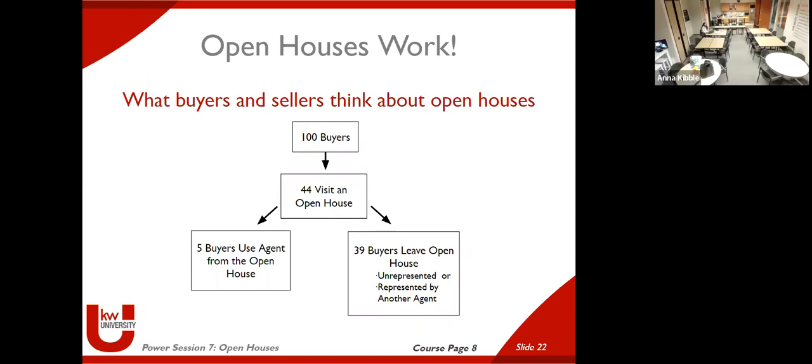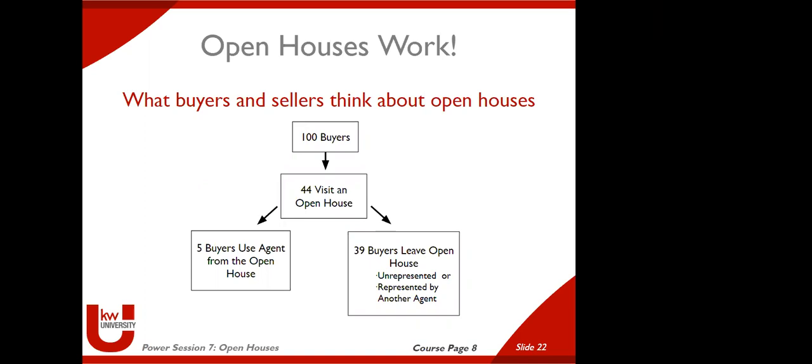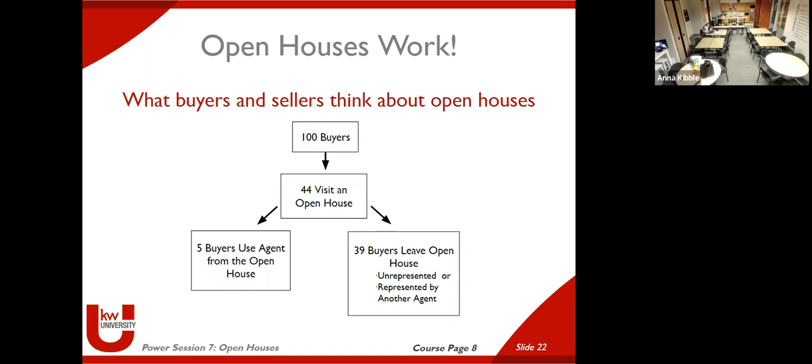Agent B starts advertising the open house a week before, door knocks the neighborhood, cold calls the neighborhood, puts out 100 signs several hours before, has a raffle at the open house, and advertises on social media. Which agent's going to have a better open house? Agent B, definitely B.